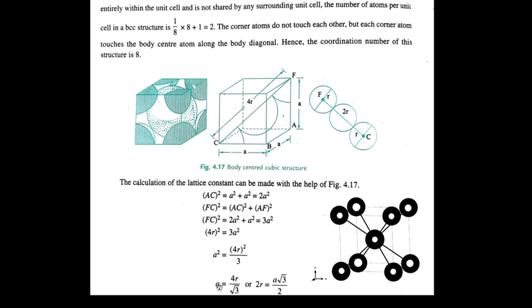So ultimately I am able to get a is equal to 4r by root 3, or I can say that twice of r is equal to a root 3 by 2. I repeat, if I divert this 2 to here and this 3 goes up, this 2 comes down, so it becomes twice of r is equal to a root 3 by 2.